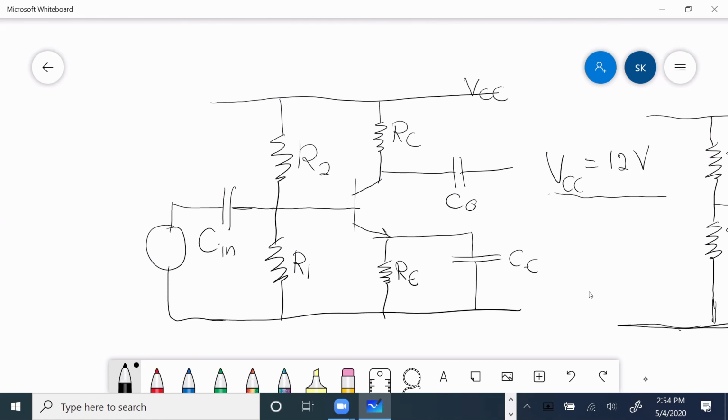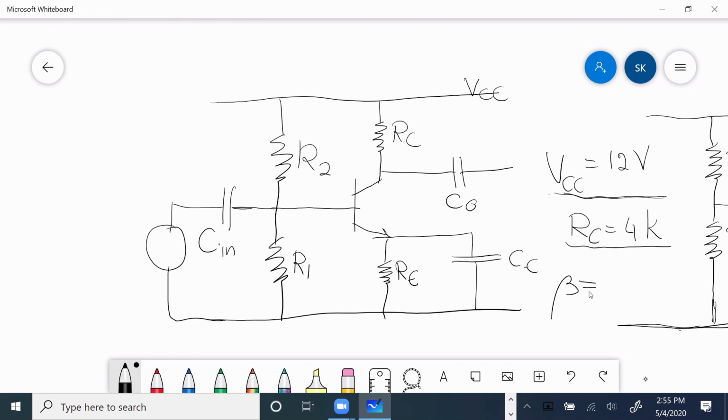You can't just guess everything. Somebody has to tell us what our load is and say, for example, RC, call it 4K. If we are given these two, we can decide on the rest. Then for the transistor that we use, we know the beta.